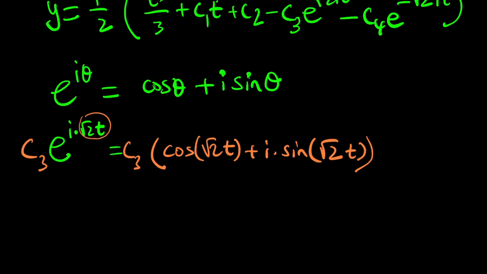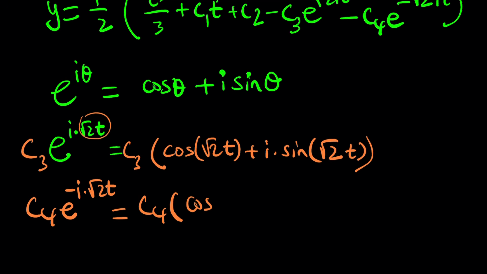Then you can do the same thing for the negative i root 2t, and put these together if you want. When you do the same thing with the minus sign, you're going to have a c4, and the cosine of negative root 2t, which is the same as that, by the way, plus i times sine of negative root 2t.